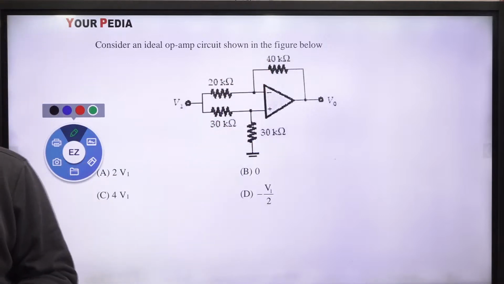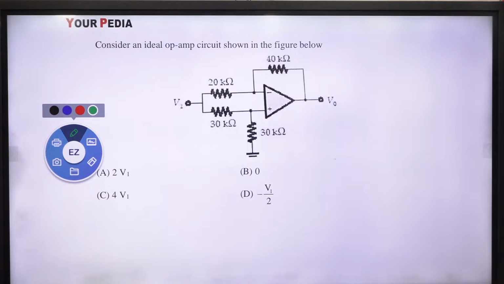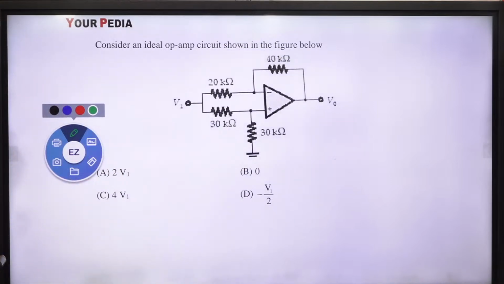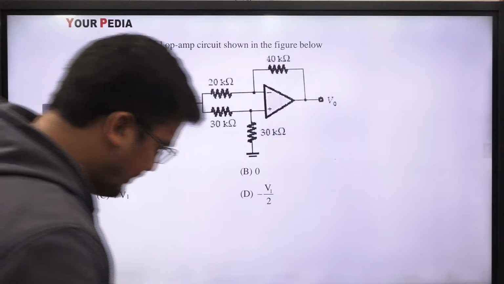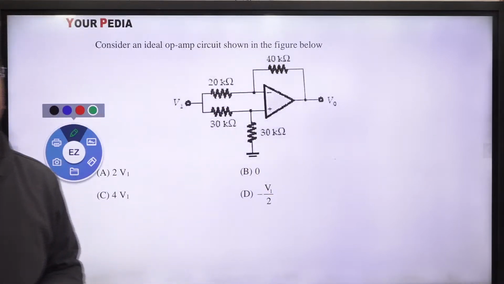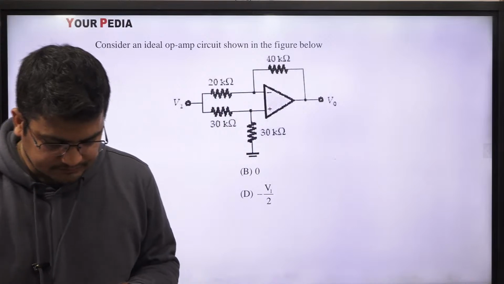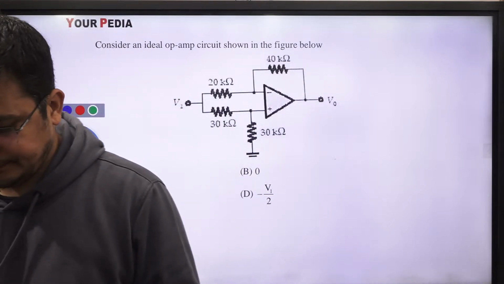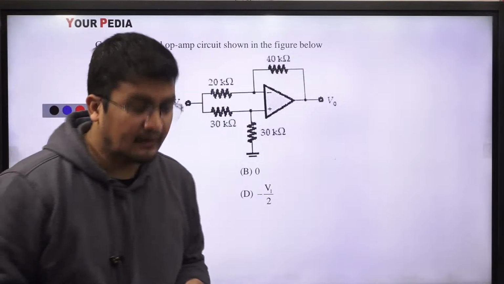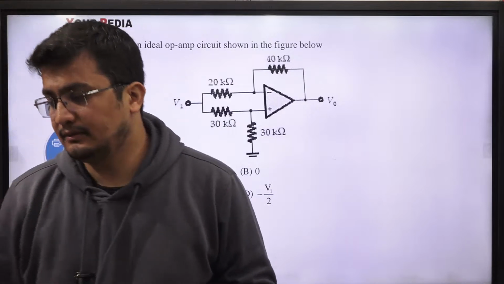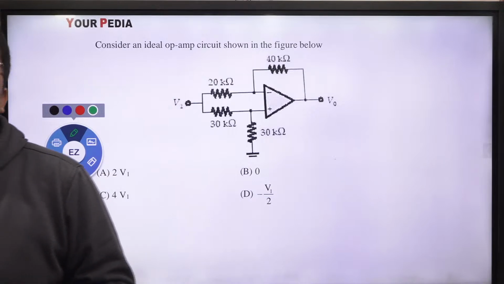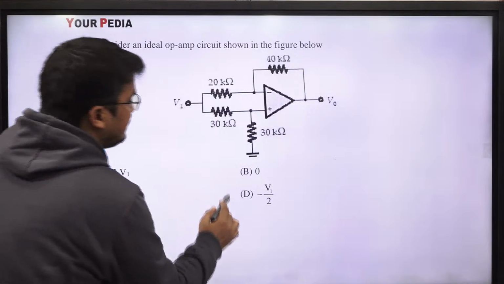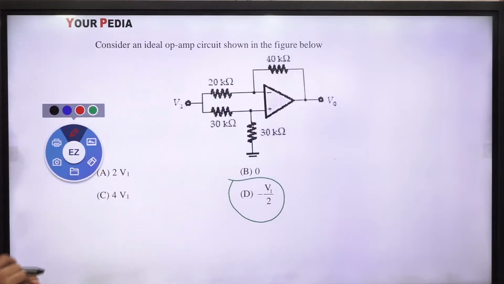Tell me the answer for this. Come up, what will be the answer, guys? Please put your answer in the comment section. The answer will be, I guess, D. Anyone there getting the answer D?